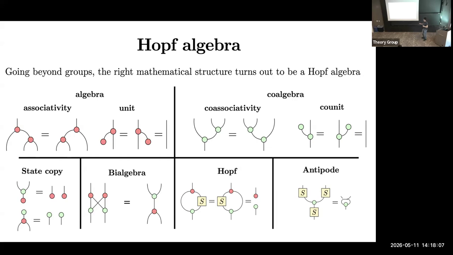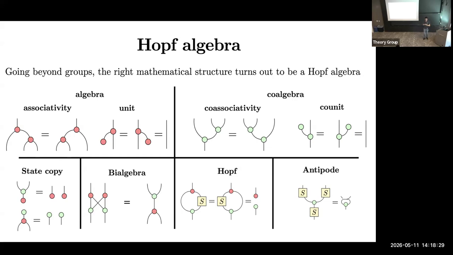It doesn't matter whether you glue them together in different ways. And for this unit axiom, it's just gluing red things into bigger red things. And this bialgebra I already explained, and for the Hopf axiom, the antipode is antilinear: if you invert, you swap the order in the multiplication.